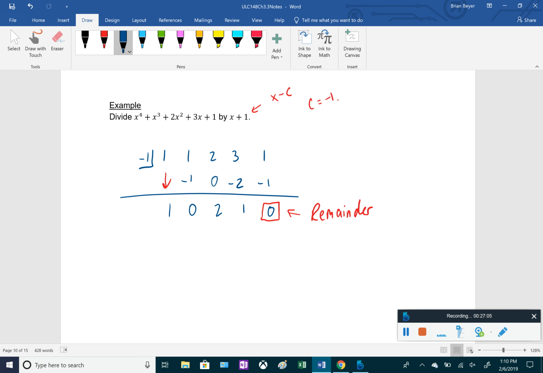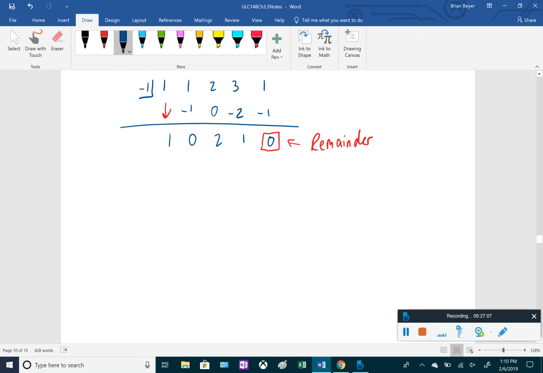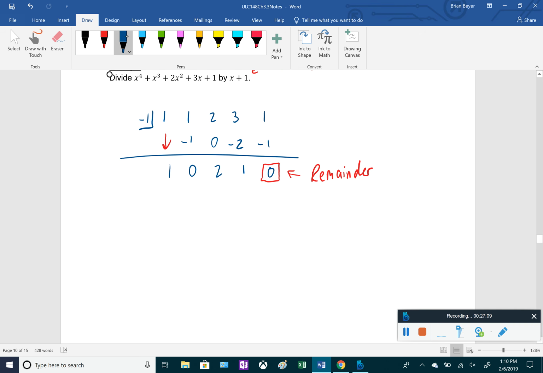So let's set up our answer. In the division algorithm, it's going to be x to the 4th plus x cubed plus 2x squared plus 3x plus 1. We divided that by x plus 1. So our quotient is going to be degree 3, 1 less than the dividend again.